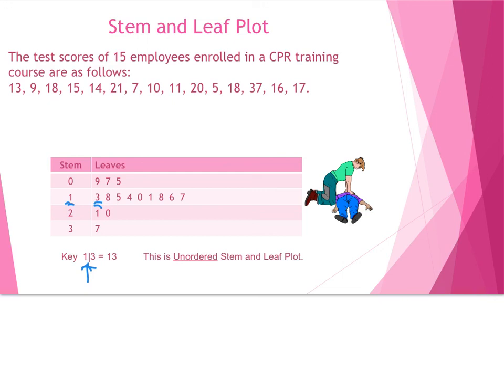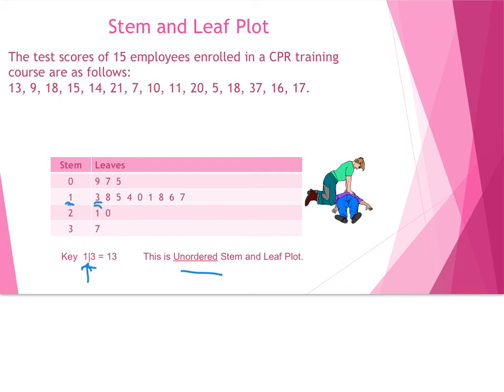Now this is also called an unordered stem and leaf plot because if you look at the digits in the leaf column, they're not in any sort of order. They're just in whatever order the data came in. So again, this is really quick and dirty.